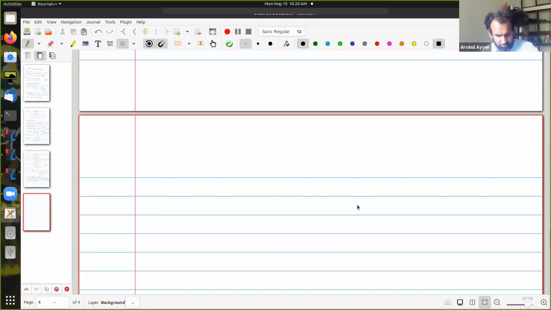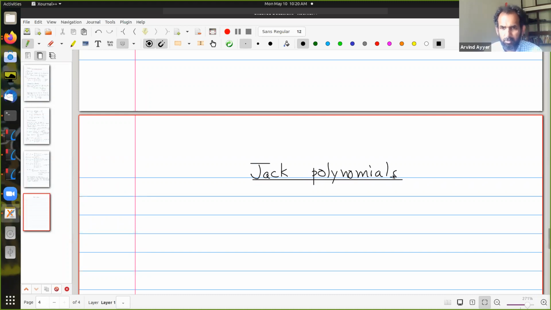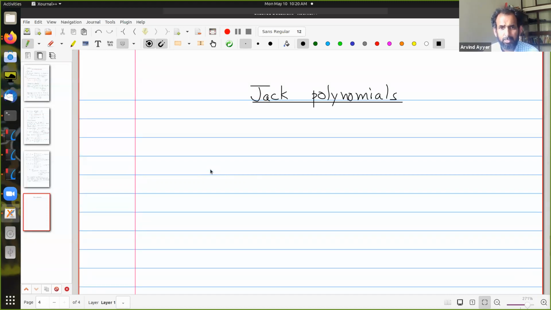Okay, so in the last maybe 15 minutes or so, I want to introduce Jack polynomials. I'll say much less than what I've said about the Hall-Littlewoods. But I want to mention one beautiful result, which starts with the Selberg integral.